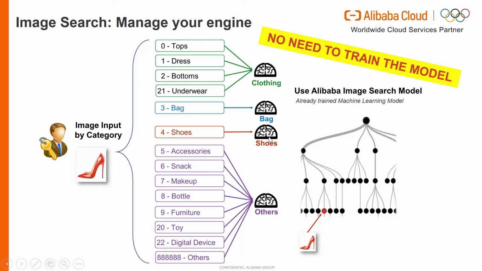And inside of the image search engine, there are multiple models. There's a model for shoes. But if you made a mistake, which means instead of inserting the information into the shoe model, you save that into the bag model, and your user who wants to search something in the shoe model, they won't find the red shoes.